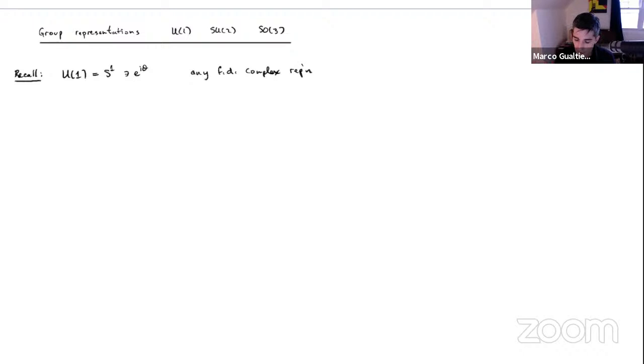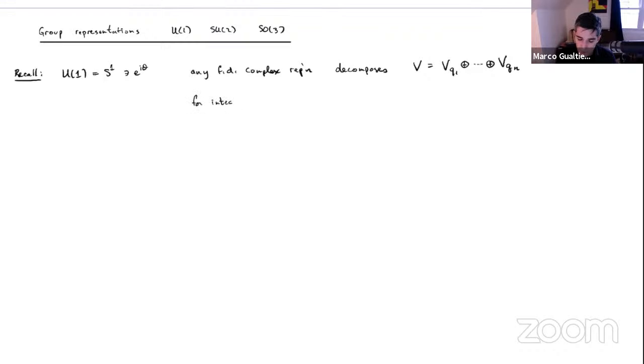So any finite dimensional complex representation decomposes; let's say V is V_{q1} through V_{qn}, for integers q1 through qn.